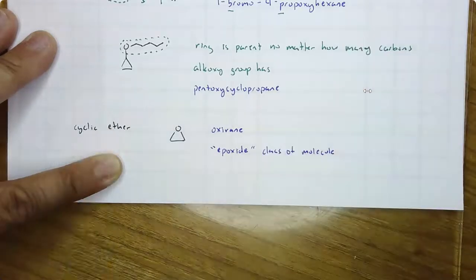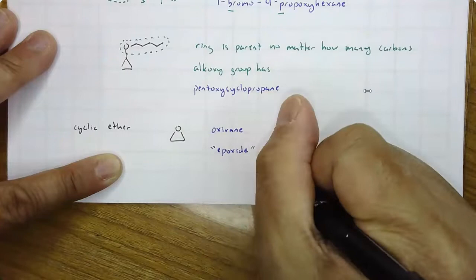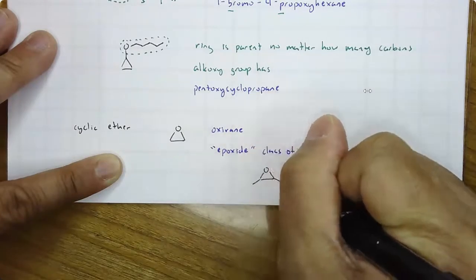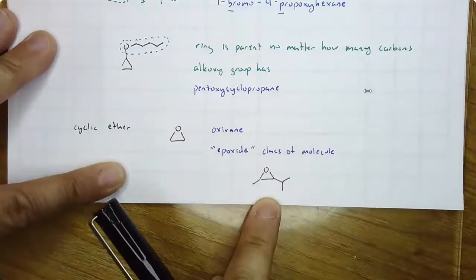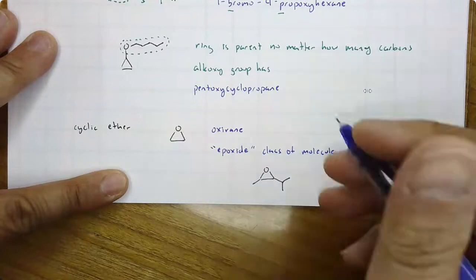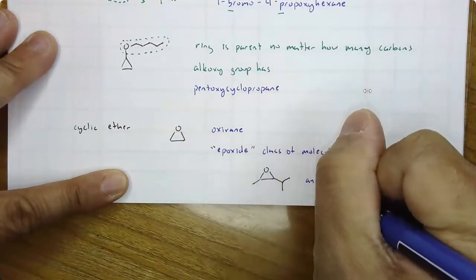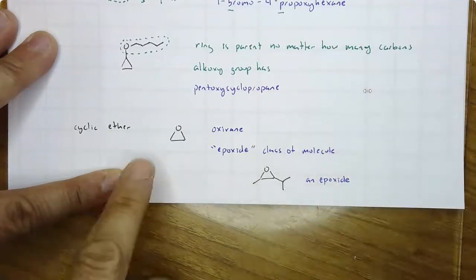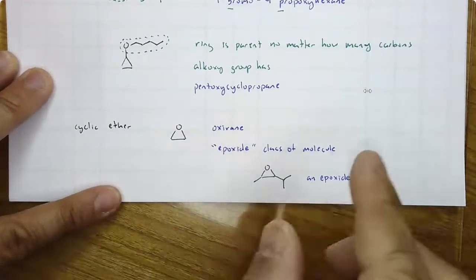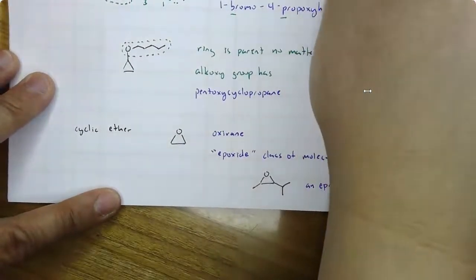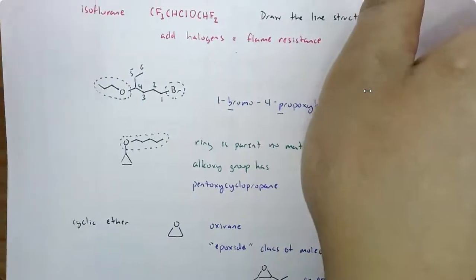I'm not going to tell you right now how to name more complicated epoxides, but even if it has groups, such as maybe something like this, isopropyl and methyl, this is still an epoxide. It's a class of molecules. It's actually pretty reactive because it has a lot of angle strain, but reactive molecules are important in organic chemistry synthesis.